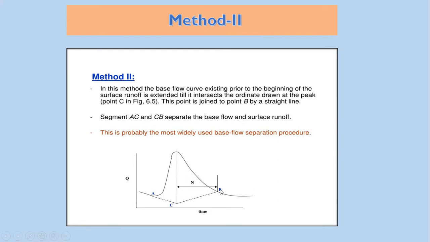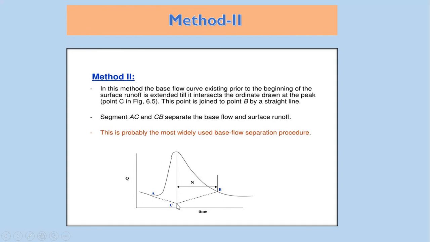So what is done in the second method? Now here there is no question of B, very easily you can locate it. In this method, first you have to show the ordinate at the peak. So this is the ordinate at the peak. Then the base flow curve existing prior to the beginning of the surface runoff, point A, is extended till it joins the ordinate at the peak.